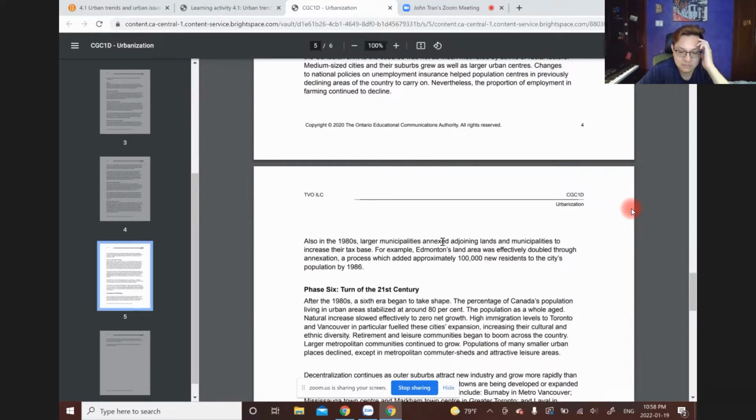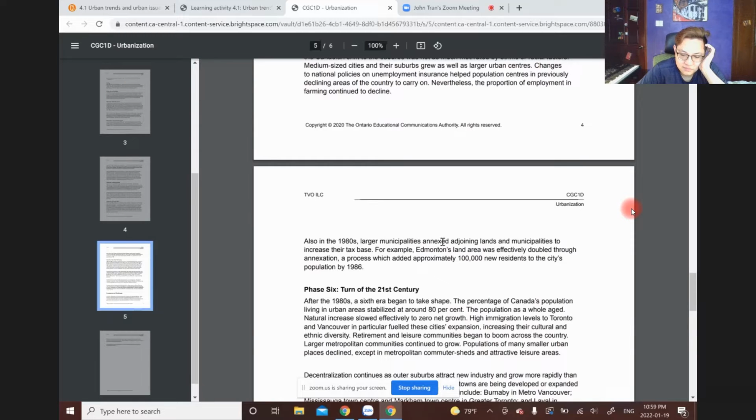After the 1980s, the sixth phase began to take shape. The percentage of Canada's population living in urban areas stabilized at around 80%. The population as a whole aged, and natural increase slowed effectively to zero.